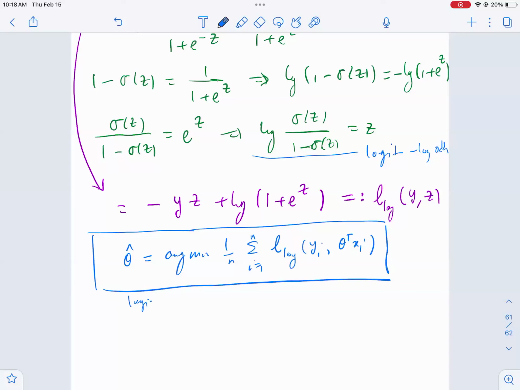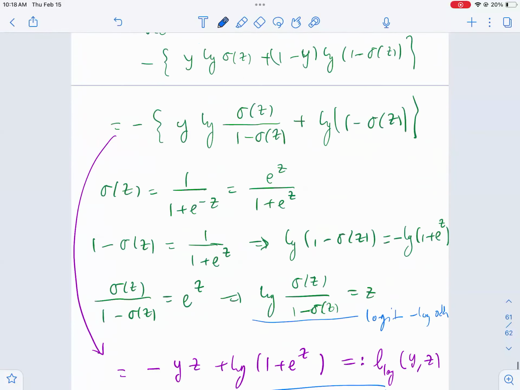So logistic regression. And note that in the ERM form, the above is also an ERM version.